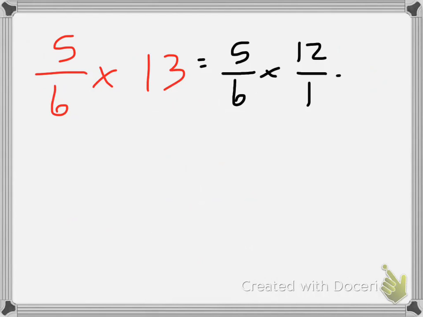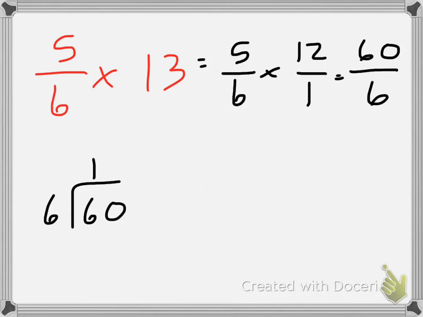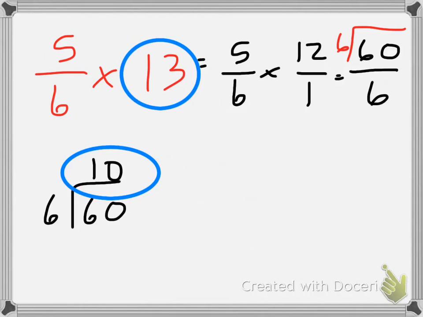Now I have to multiply 12 times 5 and get 60 over 6, and then I know 6 goes into 60 10 times. So my answer would be 10, because 60 divided by 6 is 10. And it's much easier to do it this way, estimating this number to make it something that 6 can go into, so when you multiply it across, it comes out evenly.